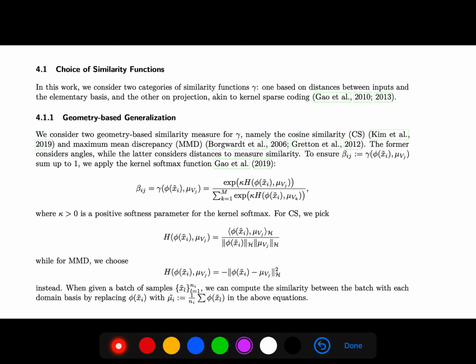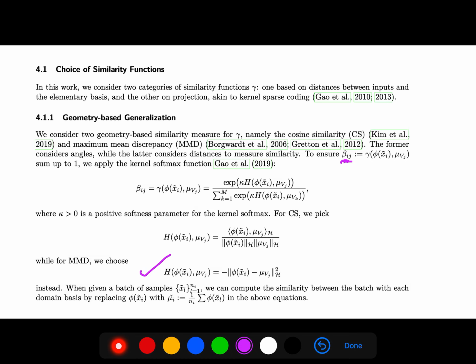So we consider two geometry-based similarity measures for gamma. So we use cosine similarity and maximum mean discrepancy. To ensure beta sub ij sum up to 1, we apply the kernel softmax function. And for MMD, maximum mean discrepancy, we choose this edge.